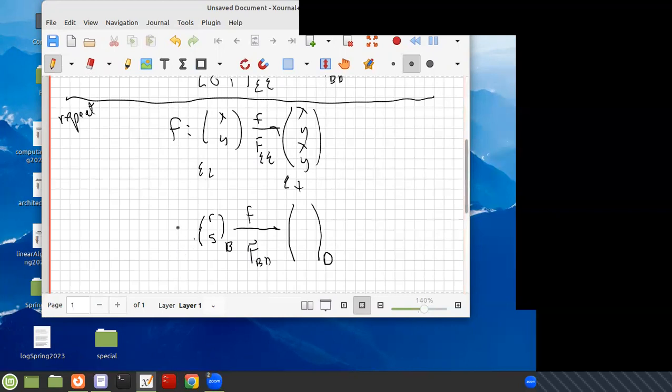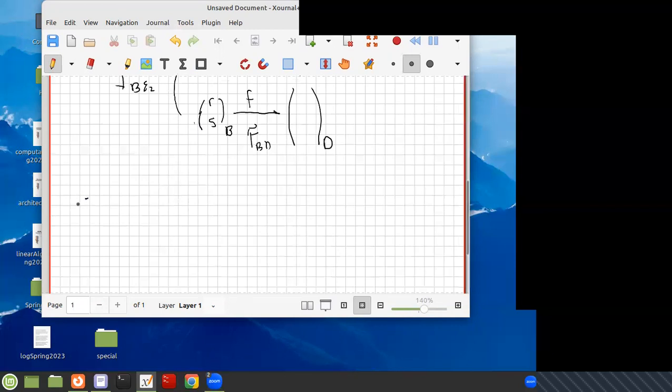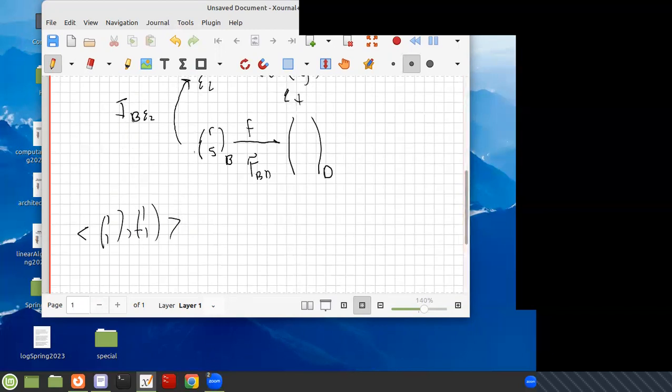Okay, so the idea is that in order to find this map, we can first find the identity matrix from basis B to E2. Well, let's do that. Basis B is 1, 1, 1, minus 1, and it's going to the standard basis. So we want to find this matrix here. We find the image of 1, 1 under the identity map, so we get 1, 1.